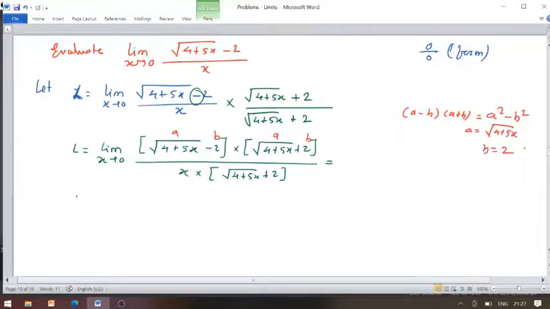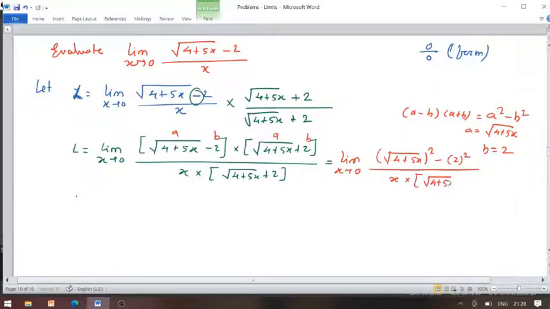So let's replace a and b by their values. We get the limit as x tends to 0 of a square, meaning (4 + 5x) the whole square, minus b square, meaning 2 square, whole divided by x into root of (4 + 5x) plus 2, which remains as it is.